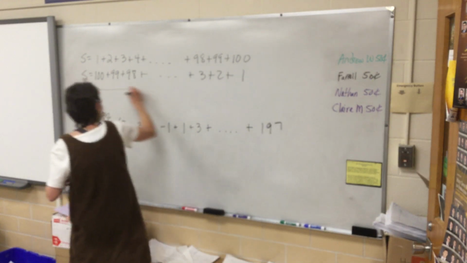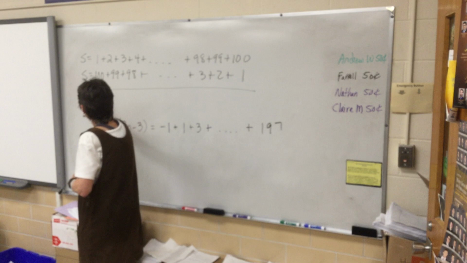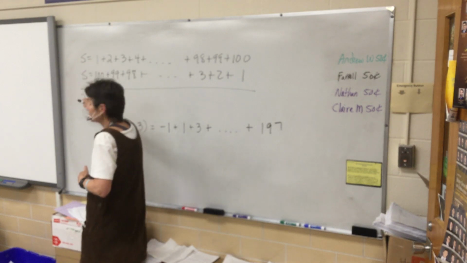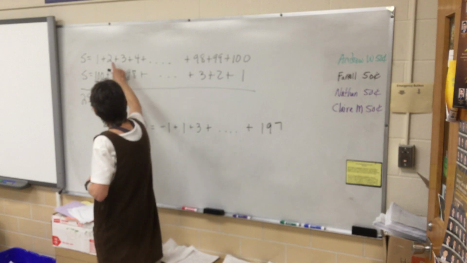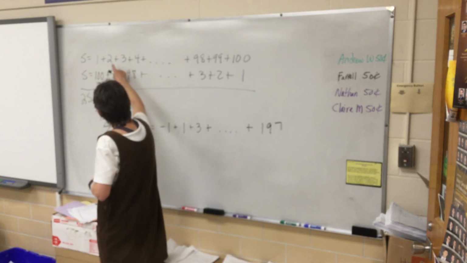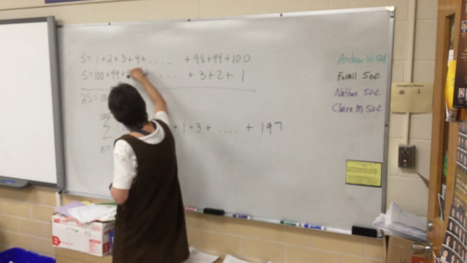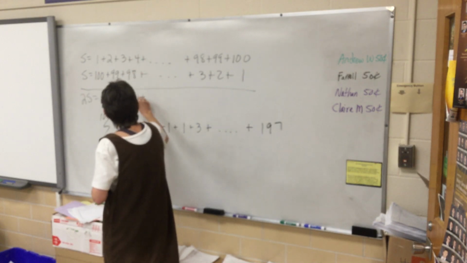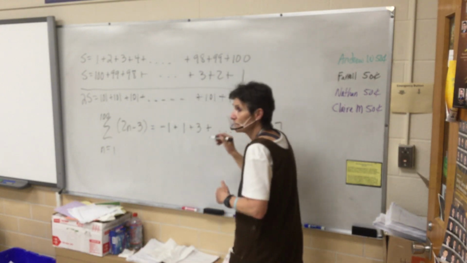So if I take these two equations and add them together so that I have two of my sums, what happens? This would be 101. What would this be? Another 101. What would this be? Oh my gosh. There are 101s all the way down to the end.